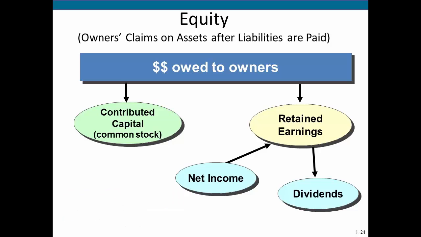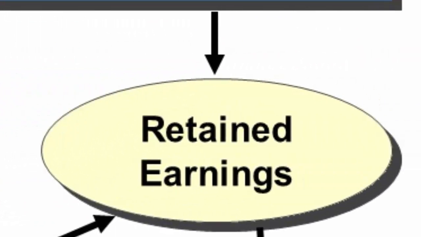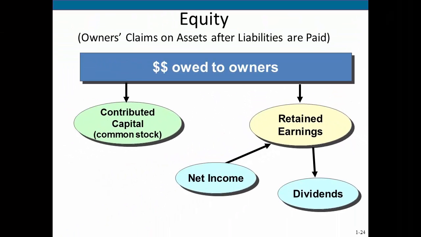Equity is divided into two parts: contributed capital and retained earnings. Contributed capital is what the owners have contributed or invested in the firm in exchange for common stock. Remember that a corporation is formed to earn money, and the accumulation of earnings, net income, is the goal of the company. We refer to the amount of net income retained in the company as retained earnings.